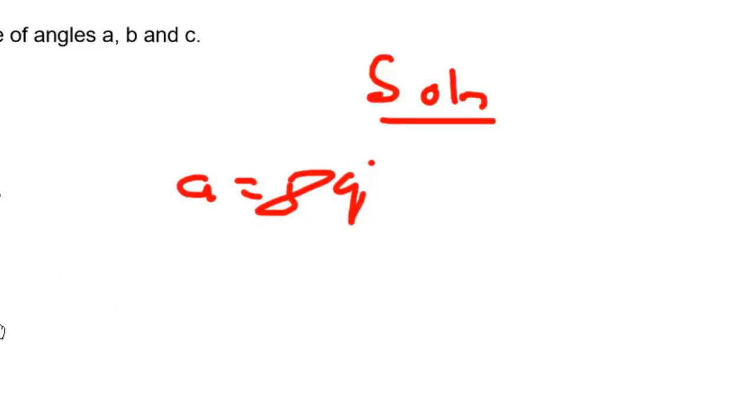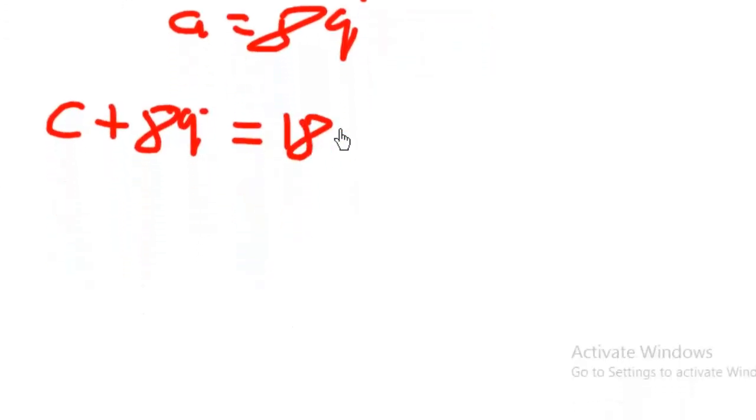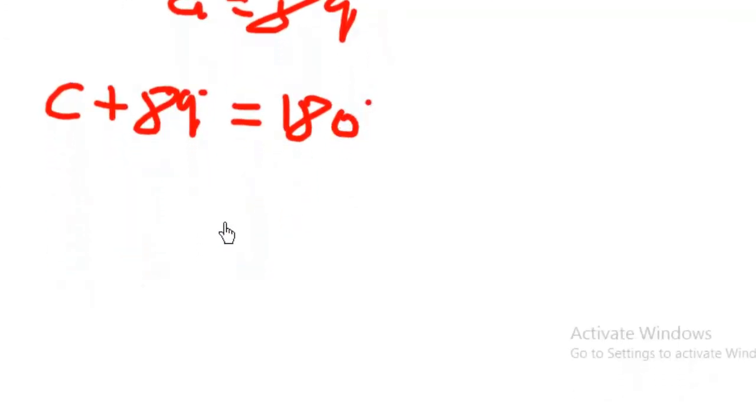Then we know that angle C plus 89 should be equal to 180, because the angles on a straight line, and you know that already.